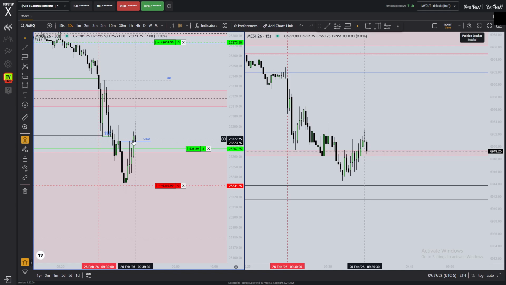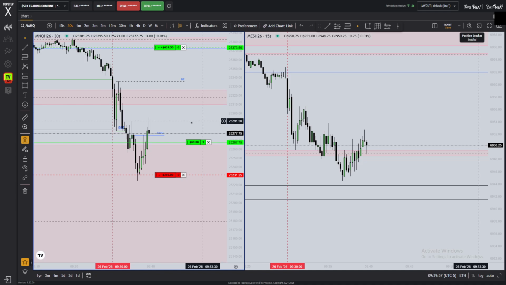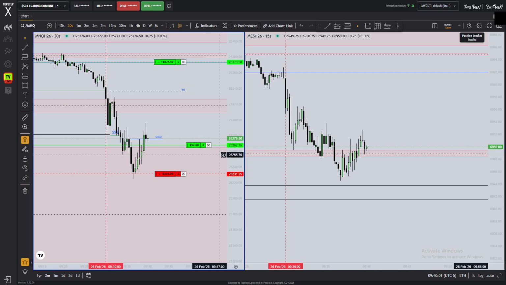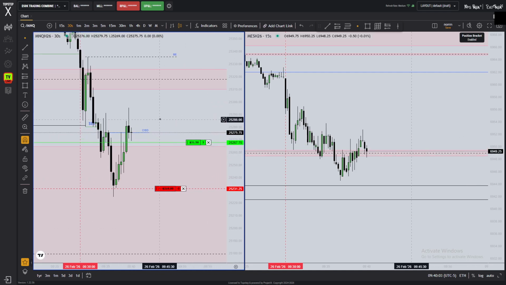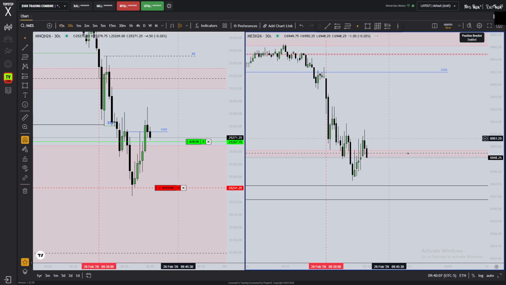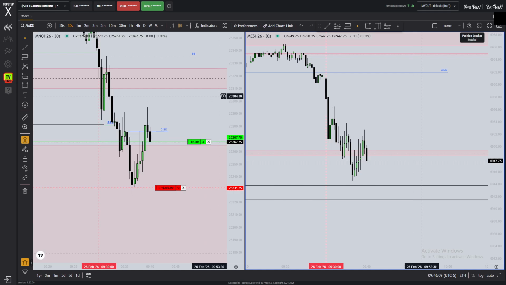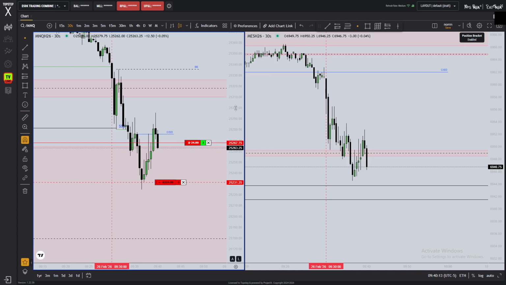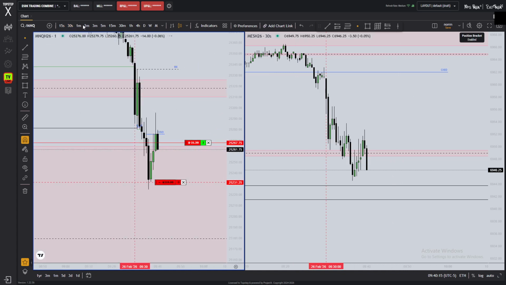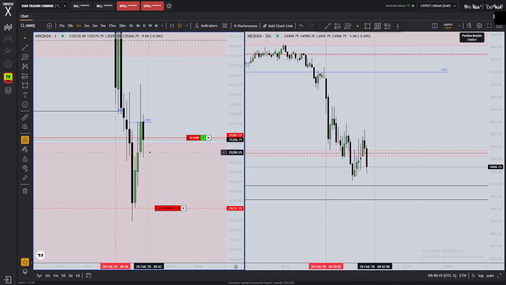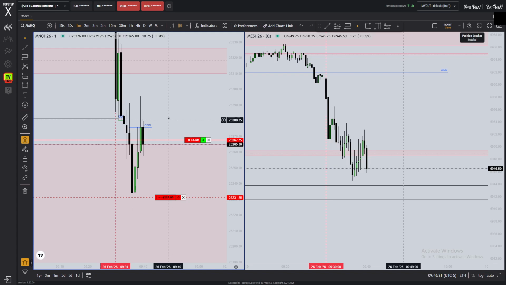Put in that 30-second change, pull back to it. I'm just gonna leave this on. SMT in the market at the lows. We have a 1 minute right here, just pulled back, tapped it.